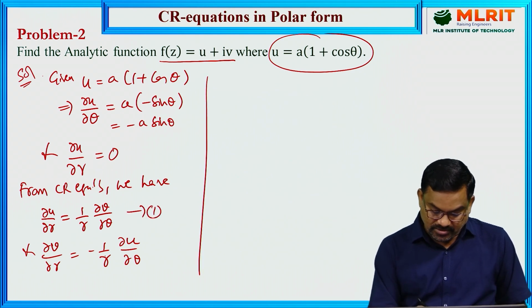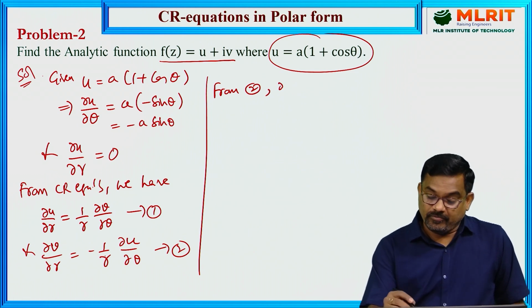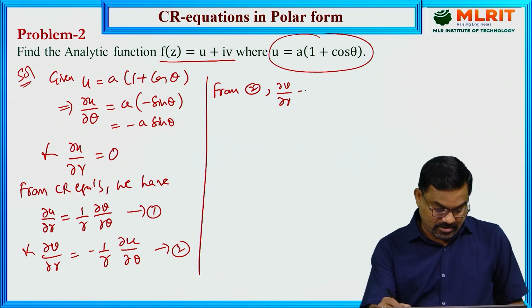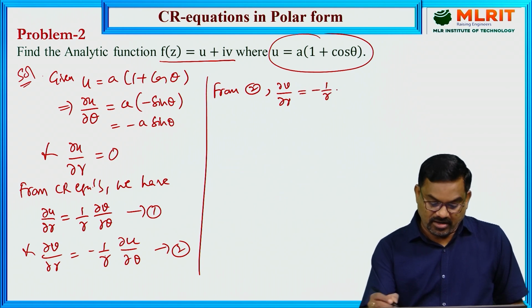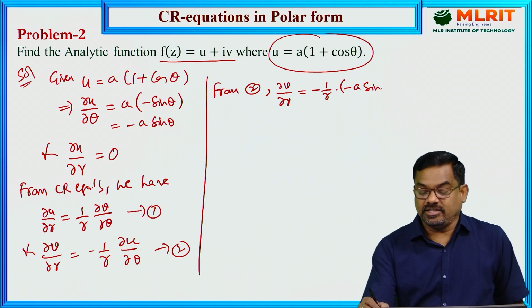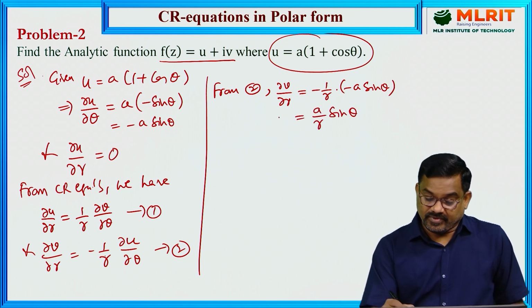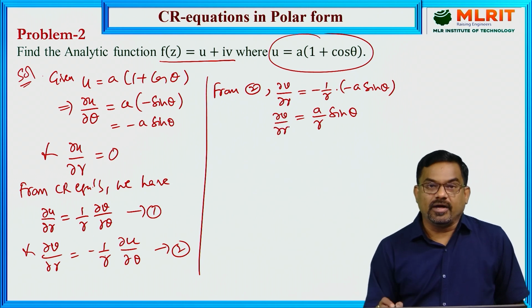This is equation 1, this is equation 2. From equation 2, ∂v/∂r = −(1/r) ∂u/∂θ, and we have −a sin θ, which is equal to (a/r) sin θ. This is ∂v/∂r.